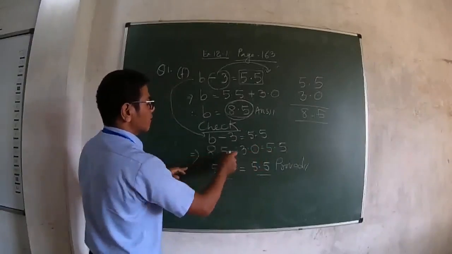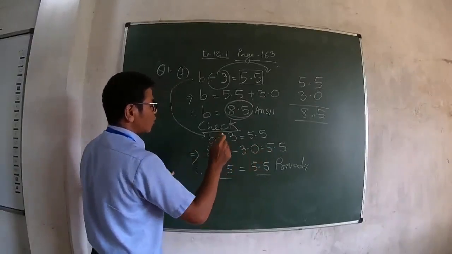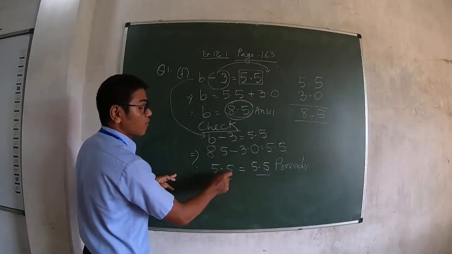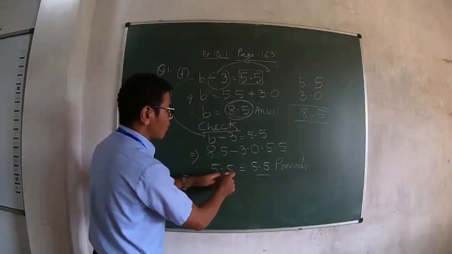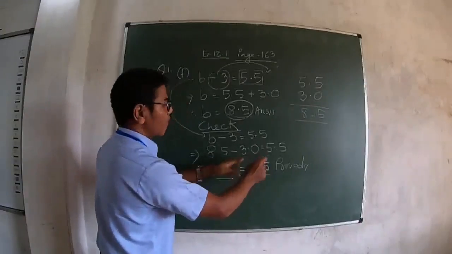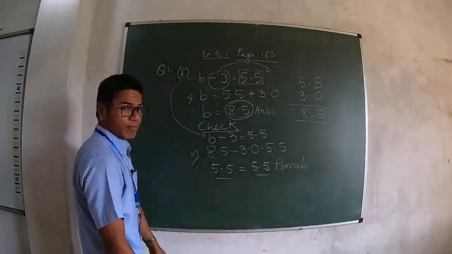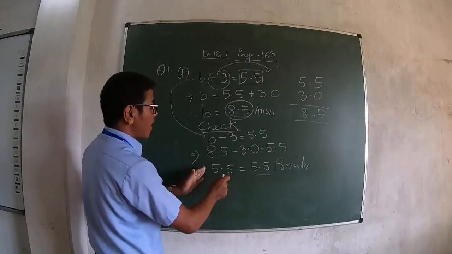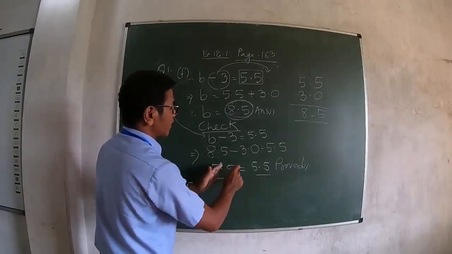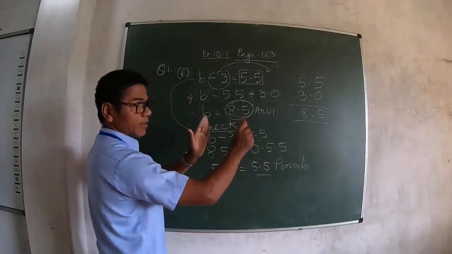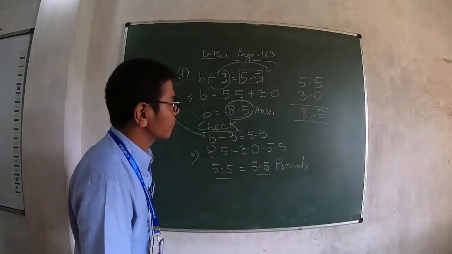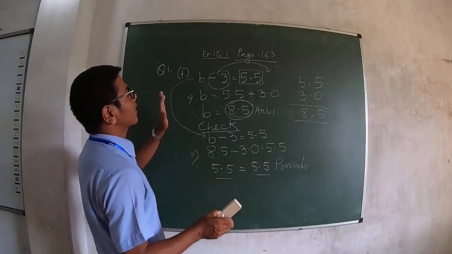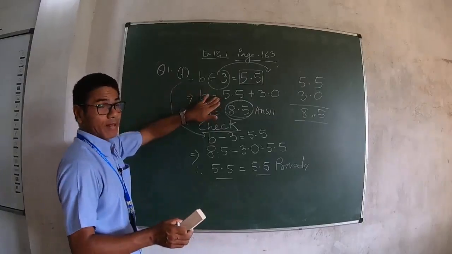So thereby, if you subtract, you find it is 5.5. The left hand side is 5.5. The right hand side is also 5.5. Right? So children, we find that the left side is equal to the right side. That means our answer is correct. I hope you understand, children. Don't get confused with decimal.